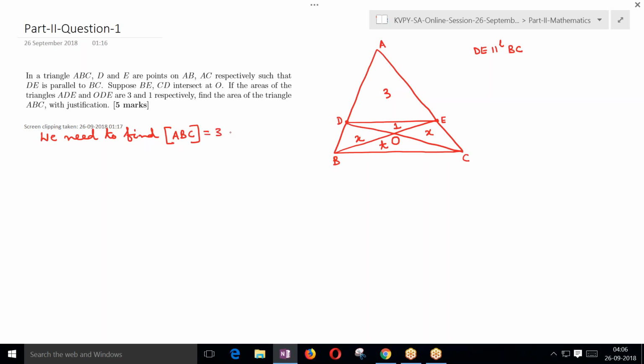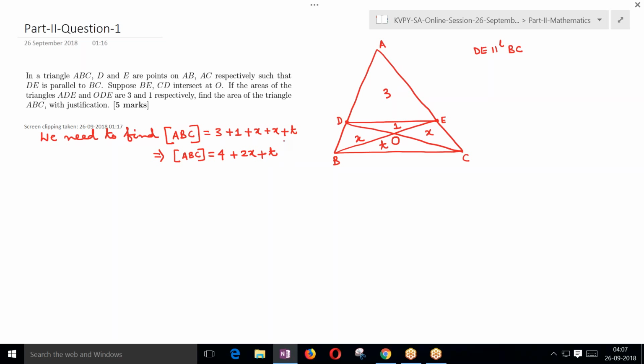That is equal to 3, the area of the triangle ADE, plus 1, the area of the triangle ODE, plus x, the area of the triangle OBD, plus x, the area of the triangle OCE, plus T, the area of the triangle OBC. So ABC is equal to 4 plus 2x plus T. We need to find this.